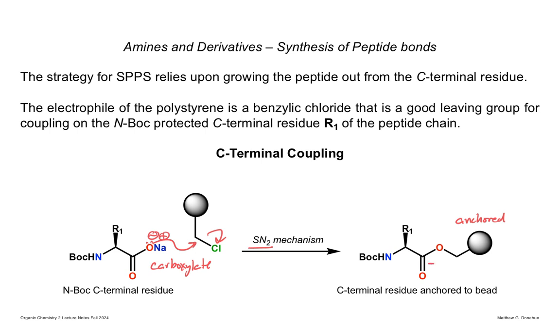So you can see that the C terminus is anchored, so it's not reactive. Now this, you need to remove. So remove the Boc group. That frees up the amine to do your next peptide coupling.